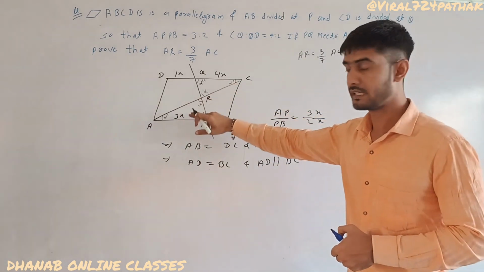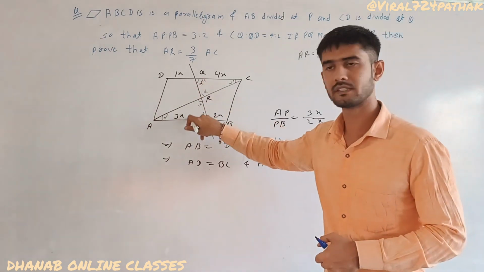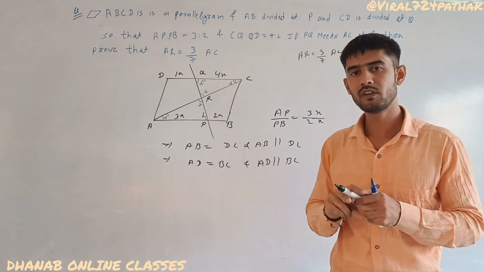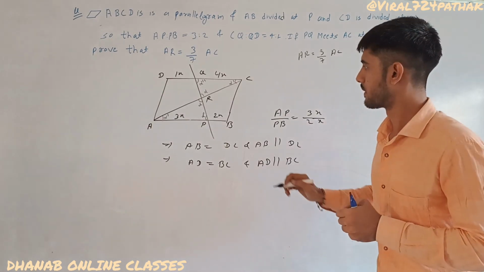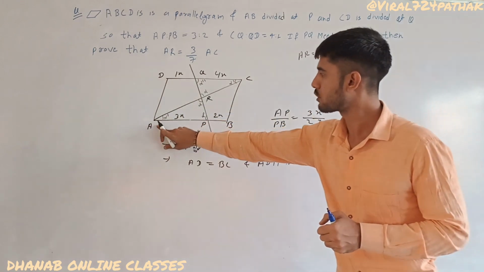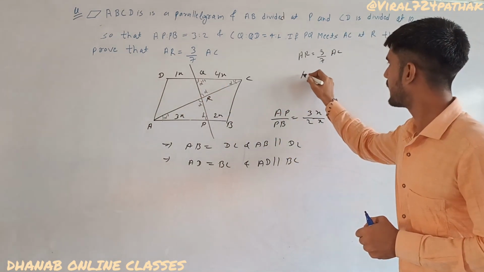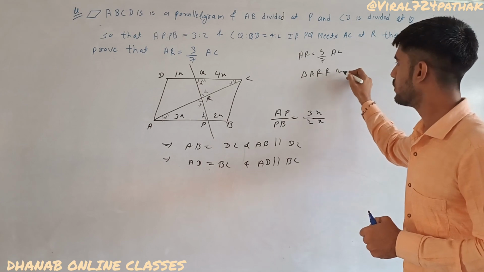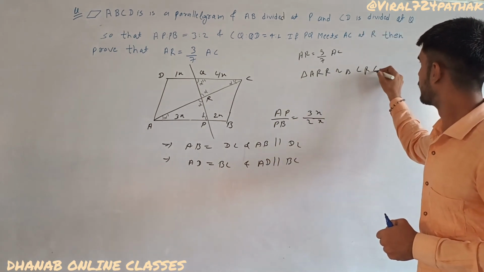Now we can see clearly that these two triangles are similar. Whenever we write two triangles as similar, we have to write the corresponding vertices in order. A corresponds to C, P corresponds to Q, and R corresponds to R. So we write triangle ARP is similar to triangle CRQ.